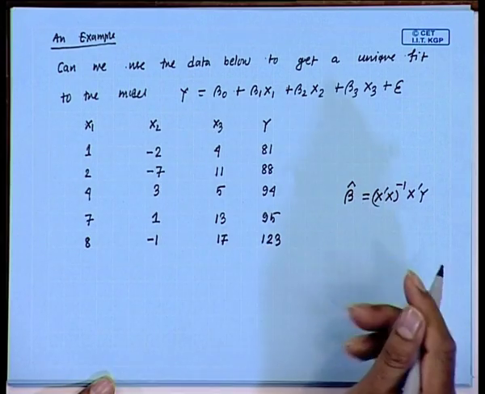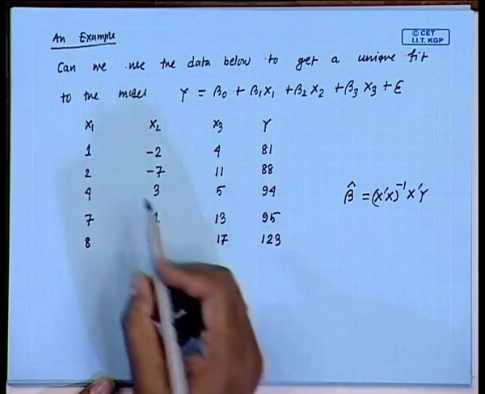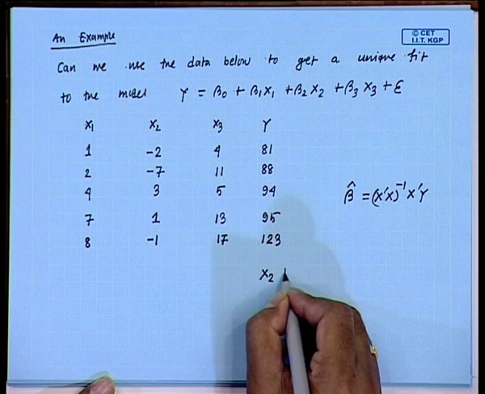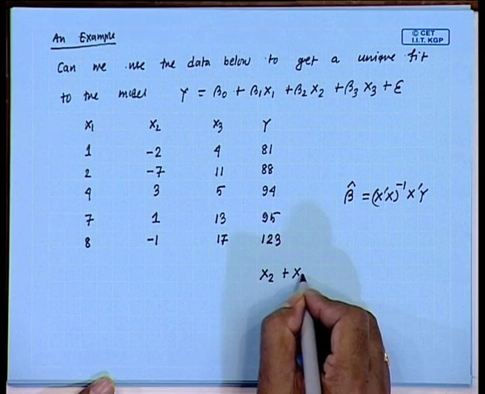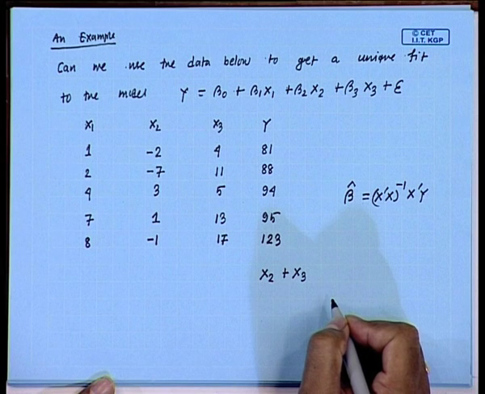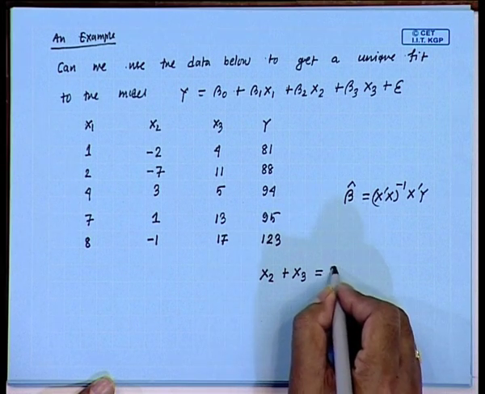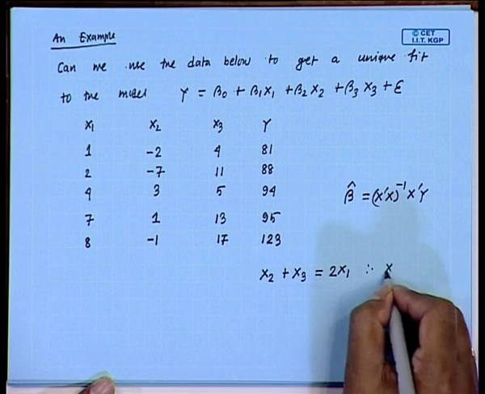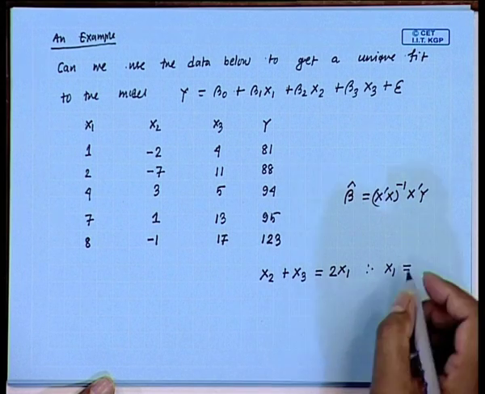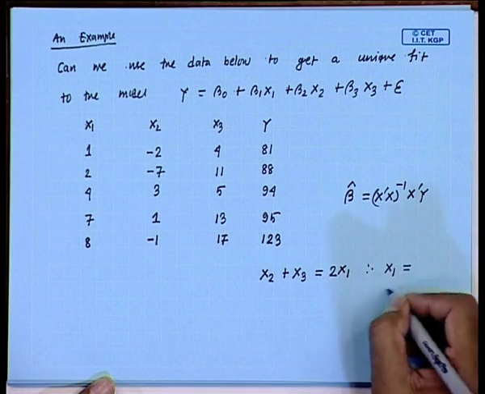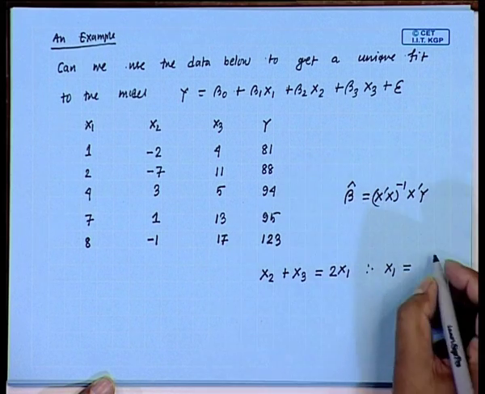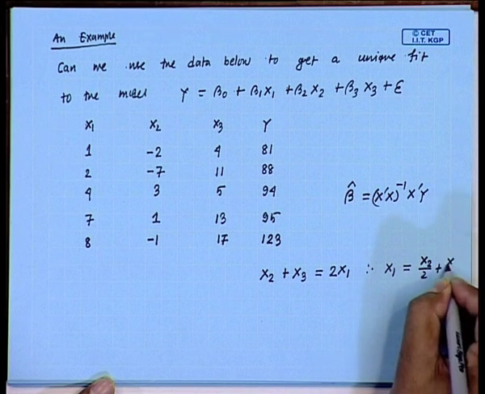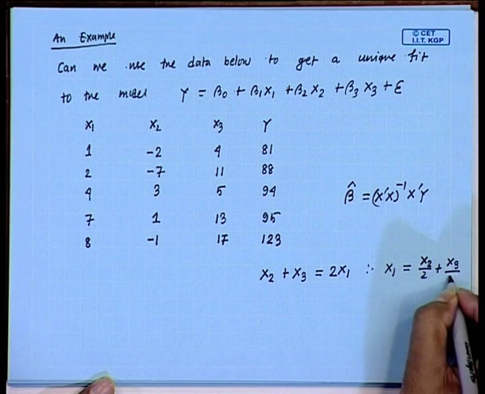So, here the relation between the regressors is x 2 plus x 3 is equal to twice x 1, or same as writing that x 1 depends on x 2 and x 3: x 1 is x 2 by 2 plus x 3 by 2.